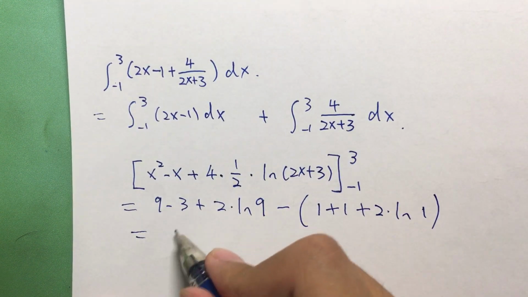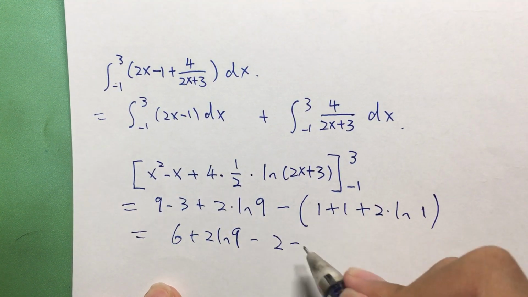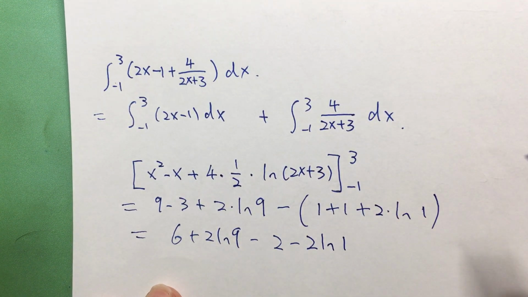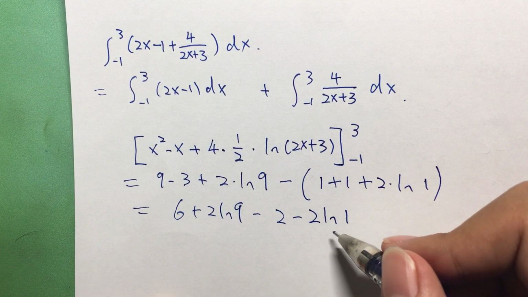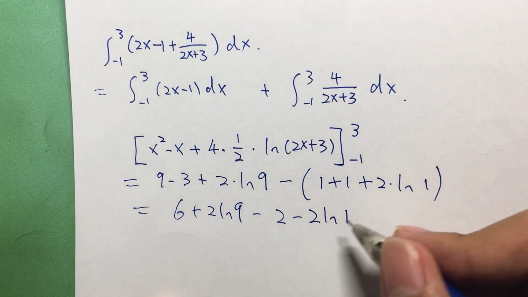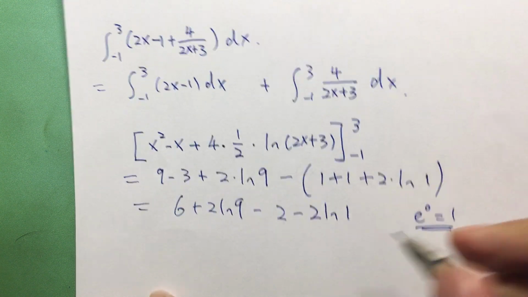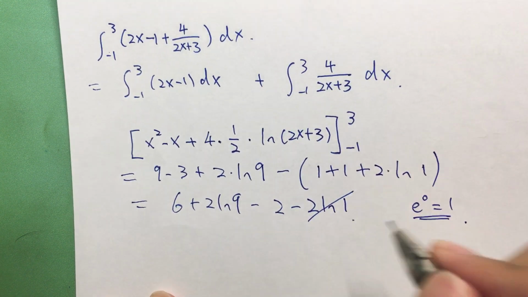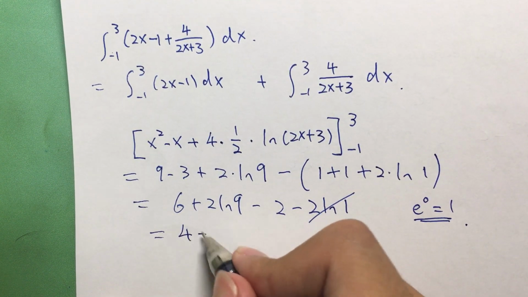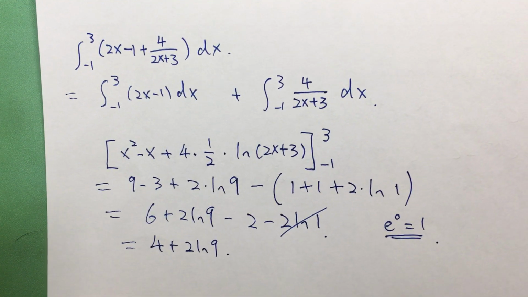And that is equal to 6 plus 2 ln 9 minus 2 ln 1. And we also know that ln 1 is equal to 0, because e to the power of 0 equals 1. So we know that this is out. So we have 4 plus 2 ln 9. And that is our answer.